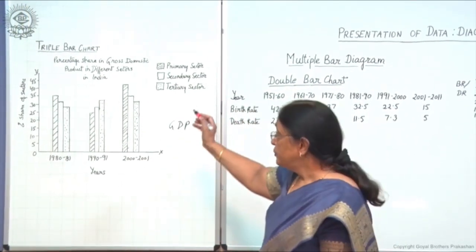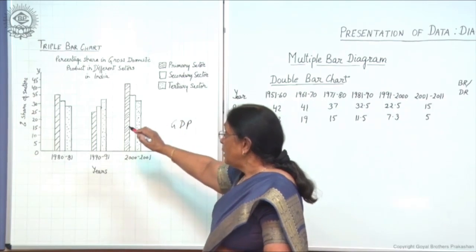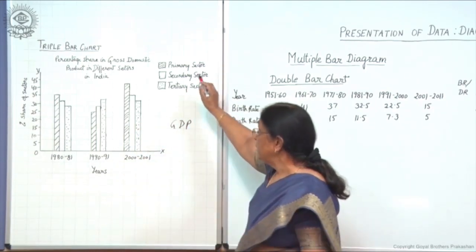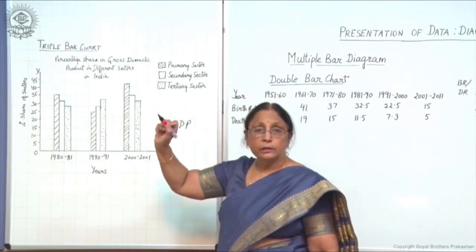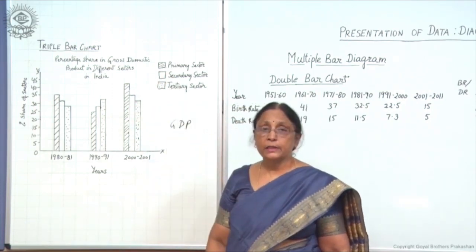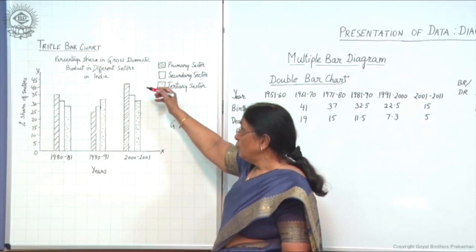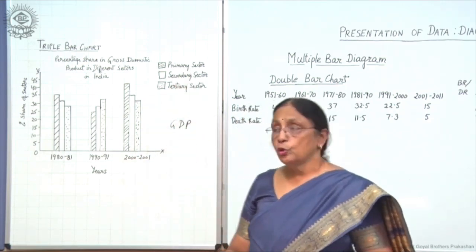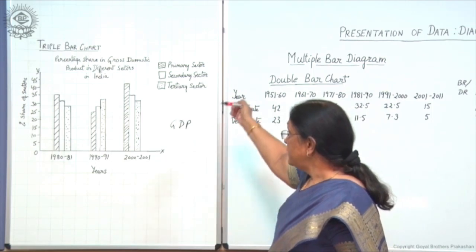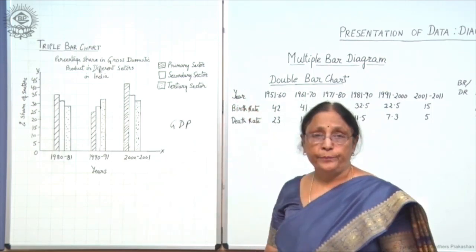So here 3 bars are, one is indicating primary. Now again you have to show the same symbols here, so that at a glance a person can make out which bar is indicating what, right. So first is primary, then secondary, then tertiary.